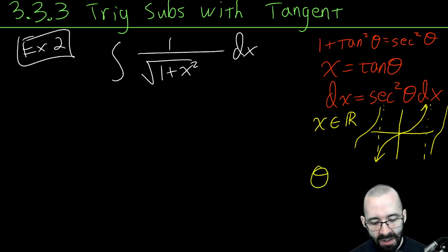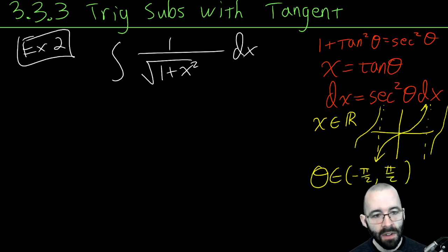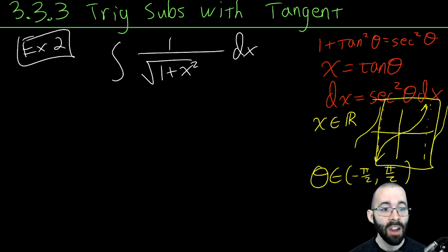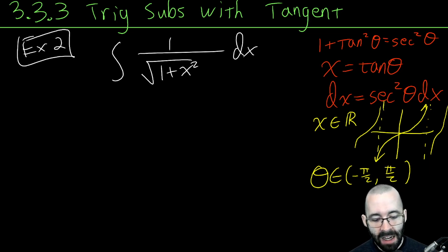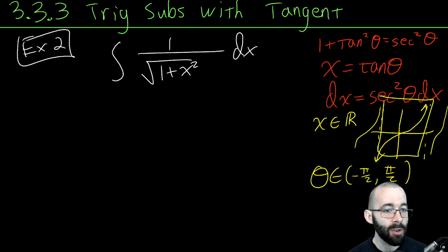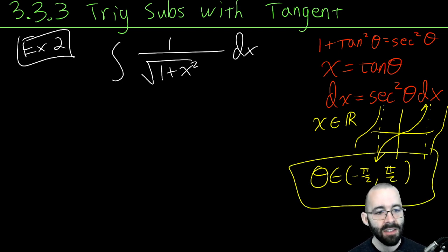Well, if theta is negative pi over 2 to pi over 2, exclusive, that's just this whole first piece. And this does cover every single output, right? The range in this interval is all real numbers. So that's perfect. So let's hope that this knowledge of what theta has to be makes things easier going forwards.